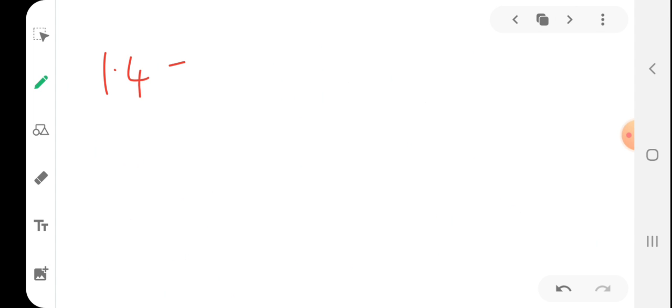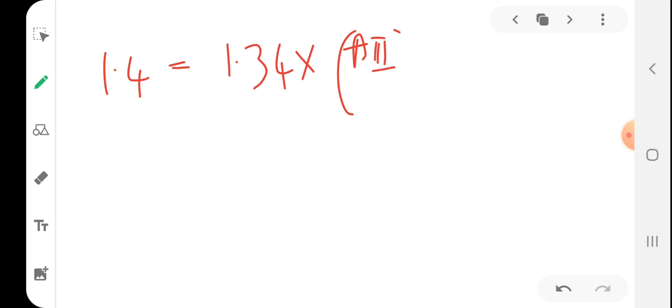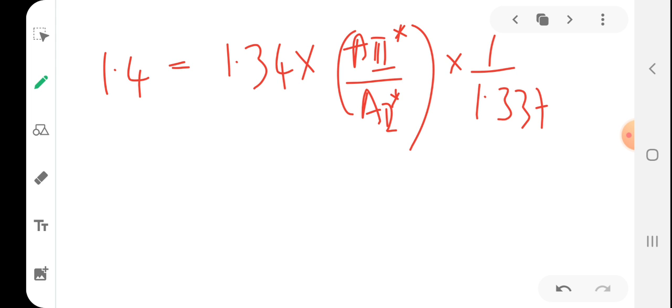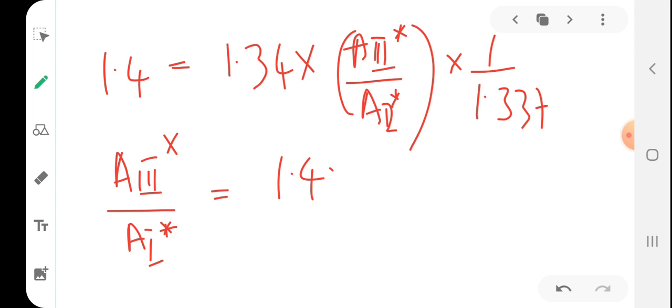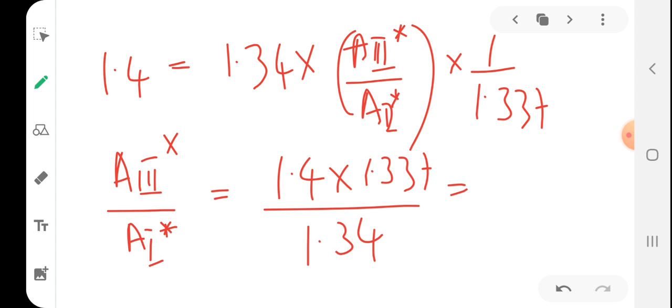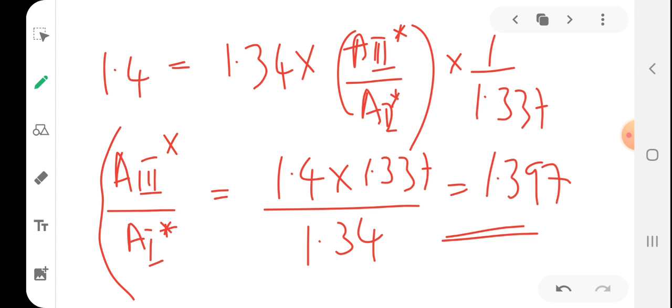Actually 1.4 is equal to 1.34 into A3 star by A1 star into 1 by 1.337, and A3 star by A1 star is obtained as 1.4 into 1.337 by 1.34. This value will be 1.397. So A3 star by A1 star is obtained.